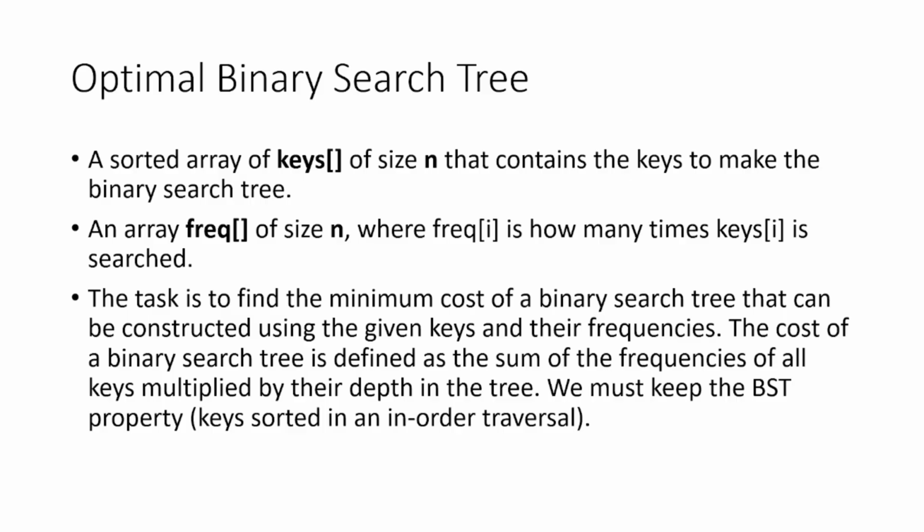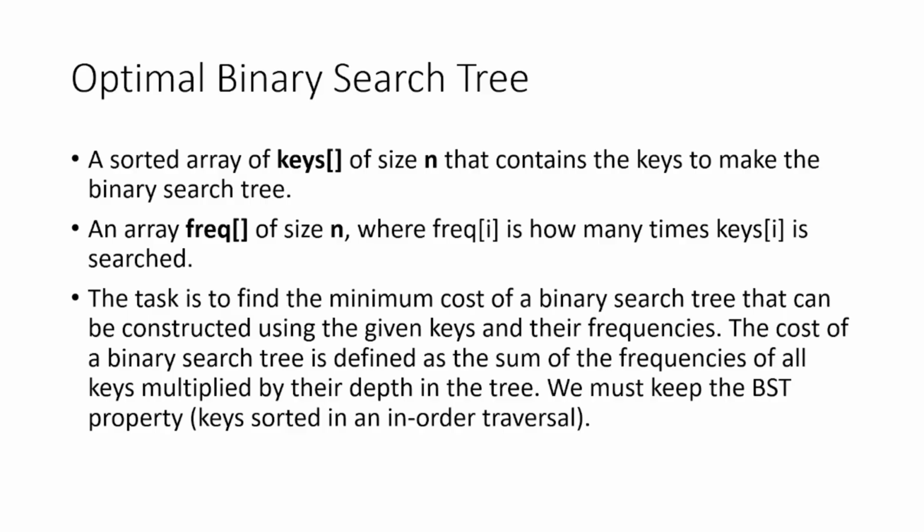Here we have a sorted array of n keys that contains the keys used to make the binary search tree, and an array of frequencies of size n, where the frequency of i is how many times the key i is searched. The task is to find the minimum cost of the binary search tree that can be constructed using the given keys.